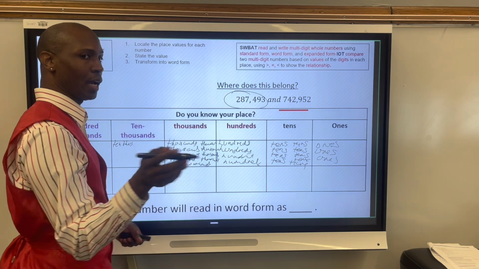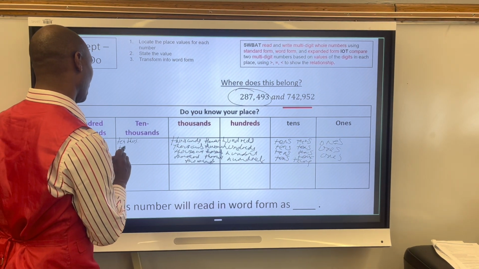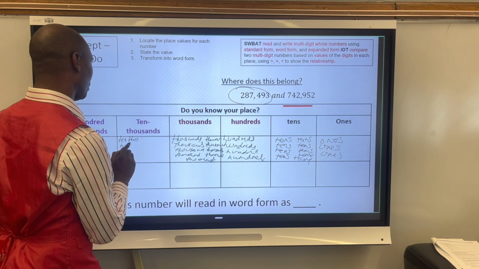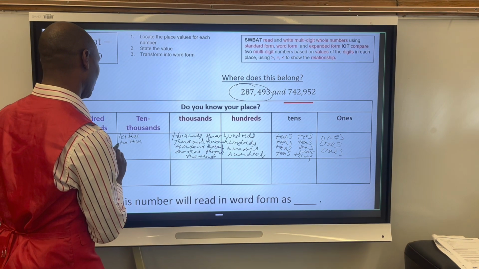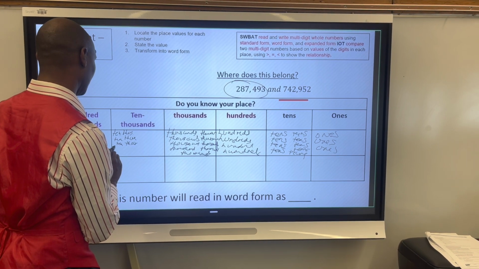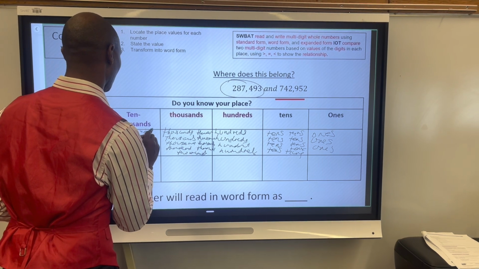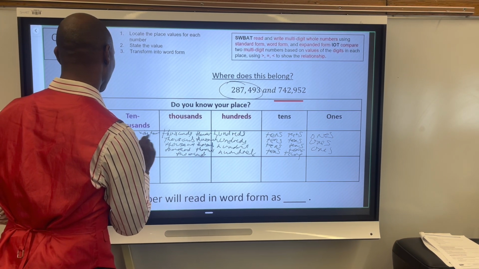Because I have a lot of wording and I have to write this 8 times, I'm going to write this in short form just to make sure that I have it accounted for. But I do know that I'm using 10,000. And I have my 4 on this side.